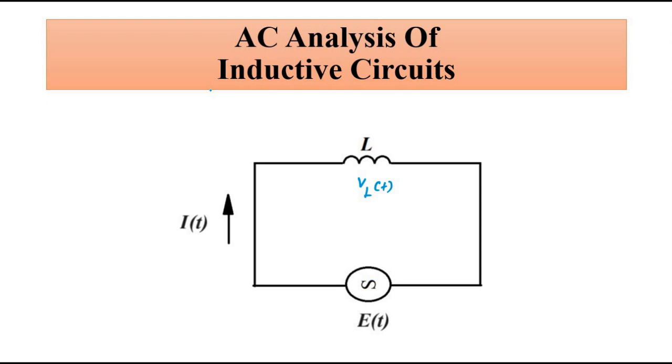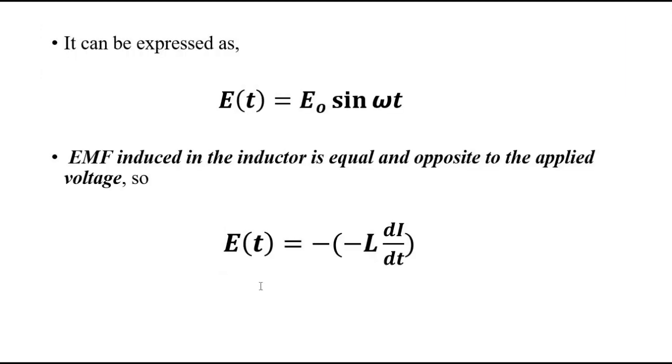This is the induced voltage across the inductor. It will be equal in magnitude but opposite in phase, where VL = -L di/dt as per Faraday's law and Lenz's law, because we know that -N d phi/dt is equal to -L di/dt, where i is the current flowing through the inductor.